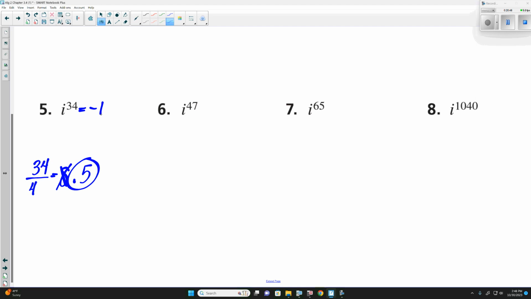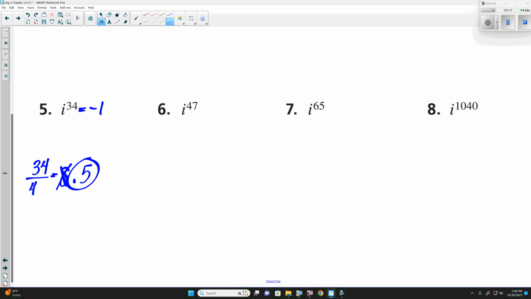Because all the 8 is telling me is that I went through those 4 possibilities 8 times, and then we went 2 more to get to -1. Because each time we went through the cycle once, at 4, well, 4 over 4 is 1, so 1.00, we went through it once. When we did 8, 8 divided by 4 is 2, we went through it twice.